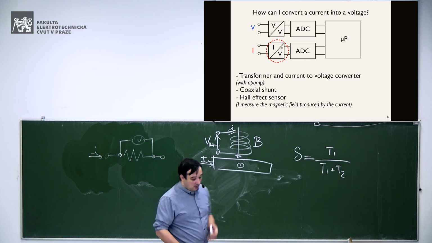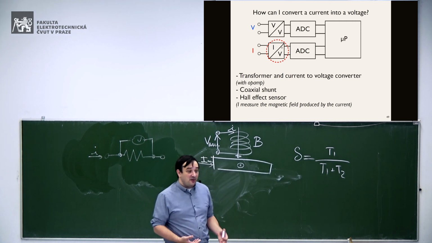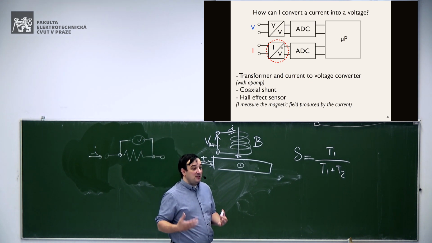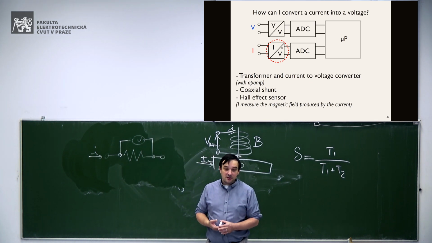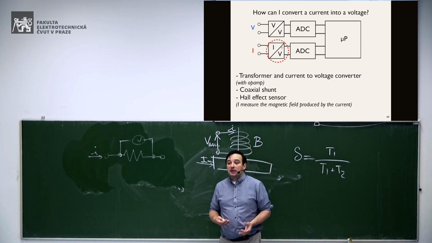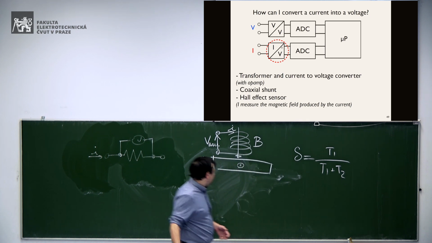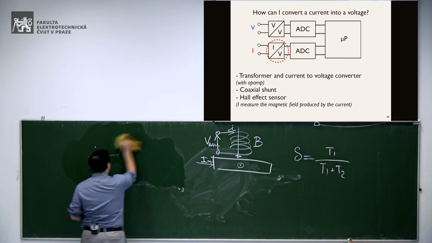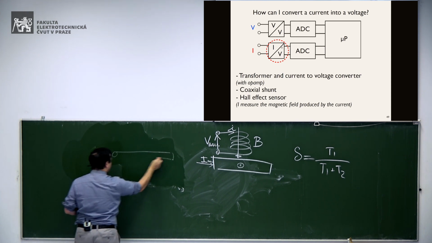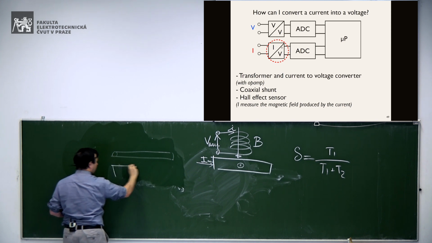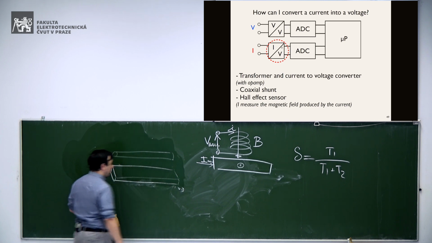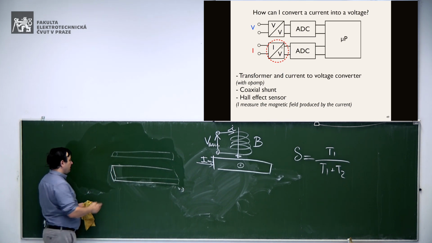You can use Hall effect sensors. As we saw before, you can measure the magnetic field using these cheap sensors, and therefore what you do is take the current and inject it in a cable, or in a bus bar if the current is very large.